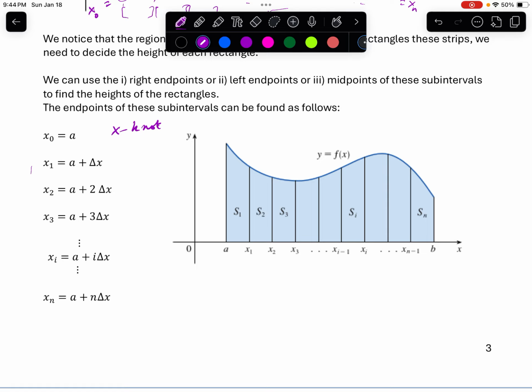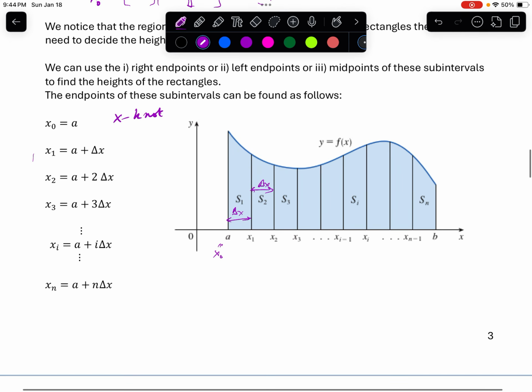How much is this one? This is delta x. Each one of these is delta x. Everybody knows that. So in order to get from a to x1, what do I have to do? What will be x1? Well, x1, remember, is the distance from here. But how do we know what that is?